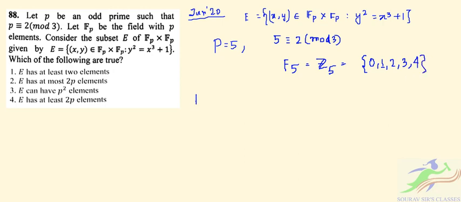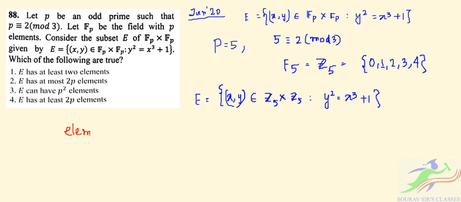Then E will be (x, y) as we have written, in Z5 cross Z5, and the equation is y square is equal to x cube plus 1. What are the elements of E?